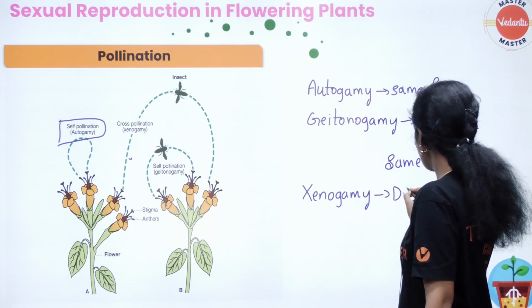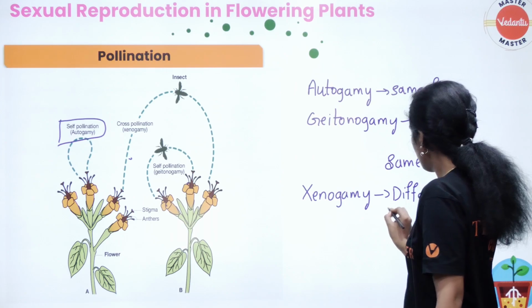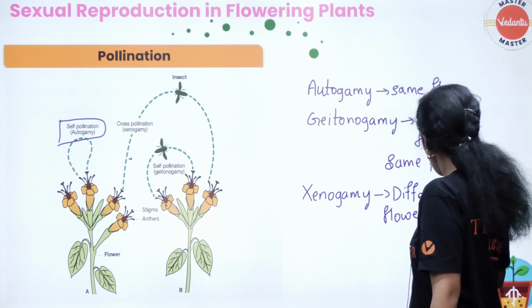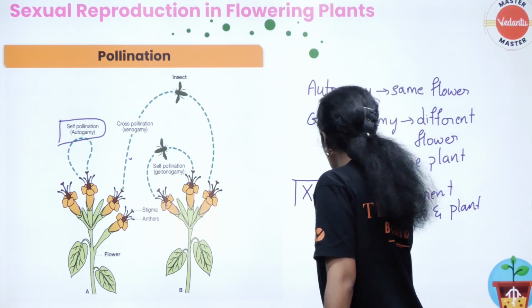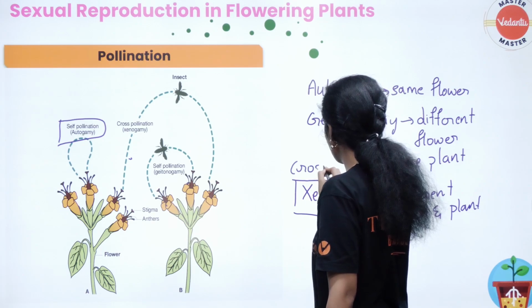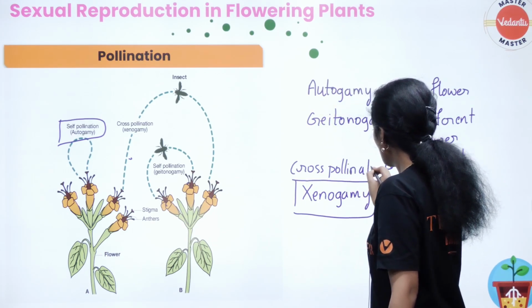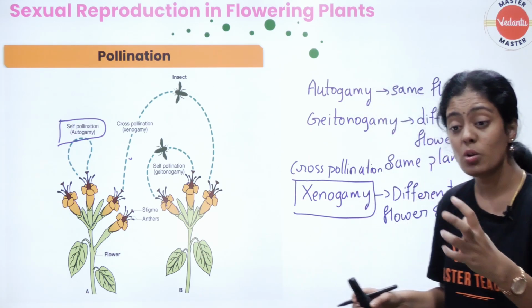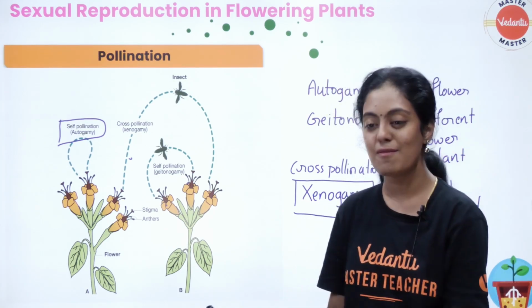So we call it different flower and different plant. This xenogamy is genetically cross pollination, because I'm going to get new variation. That's very important, I'm going to get new variation here. My geitonogamy is technically what? Genetically what? It is self pollination.